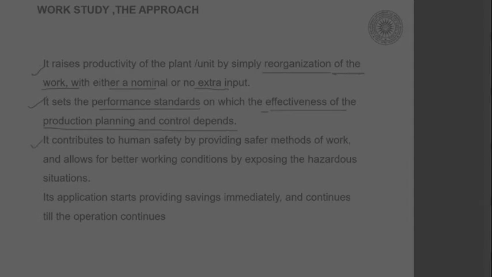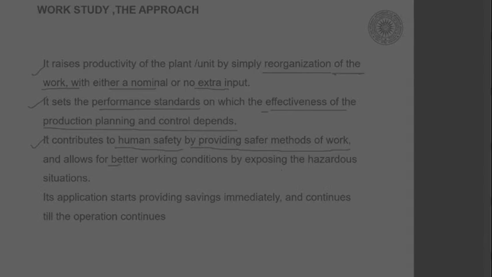Third, it contributes to human safety. This we have discussed, by providing a safer method of work. Safer method of work means, suppose somebody is working in a furnace area, adequate material handling devices should be there to carry the molten metal, or it should be mechanized, using a crane. Gloves and all those things allow the person to work with safety and in better working conditions.